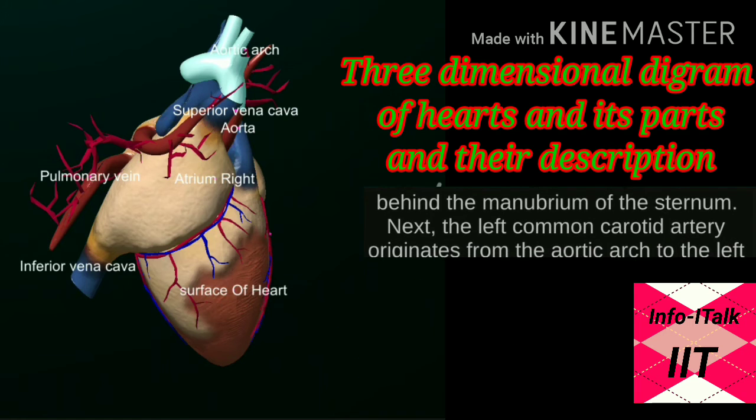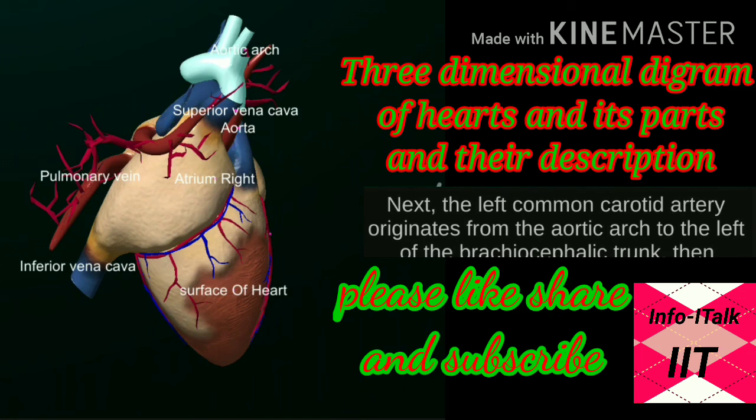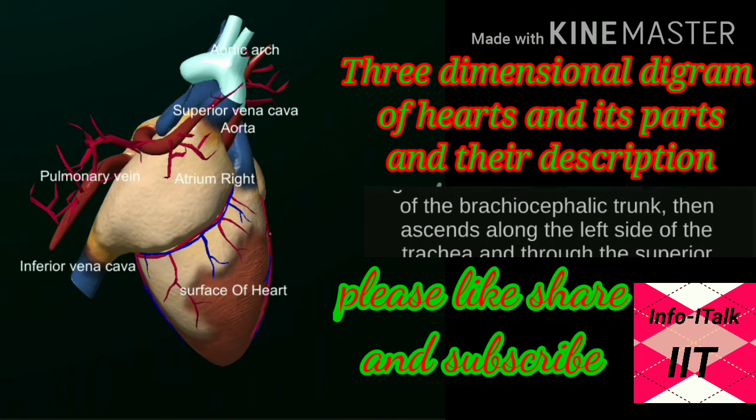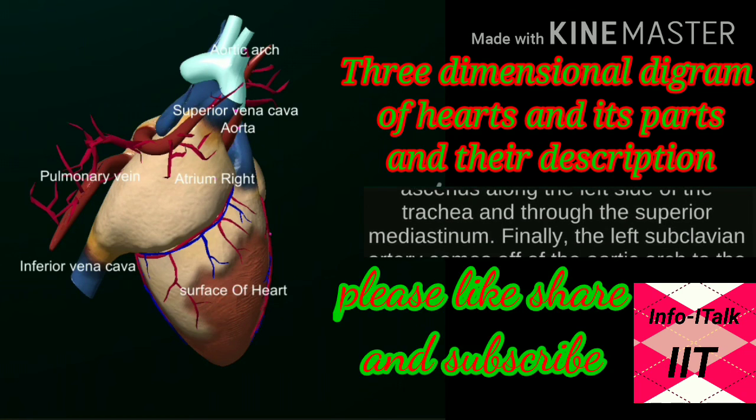Next, the left common carotid artery originates from the aortic arc to the left of the brachiocephalic trunk, then ascends along the left side of the trachea and through the superior mediastinum.